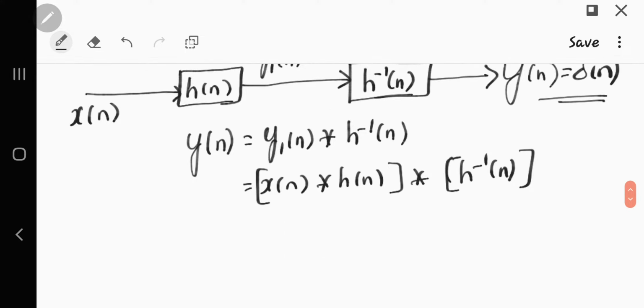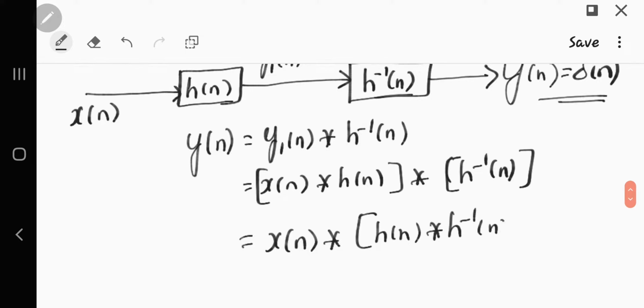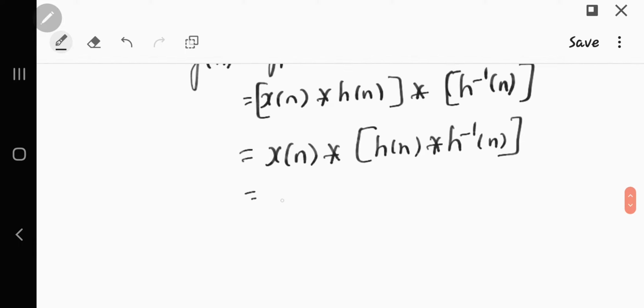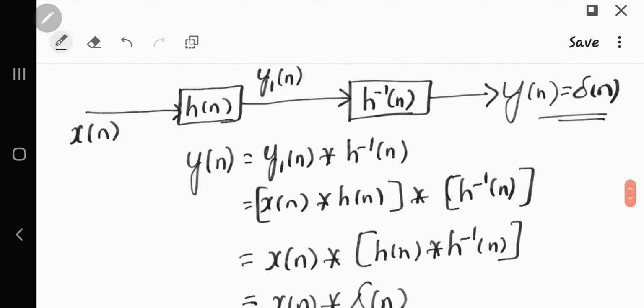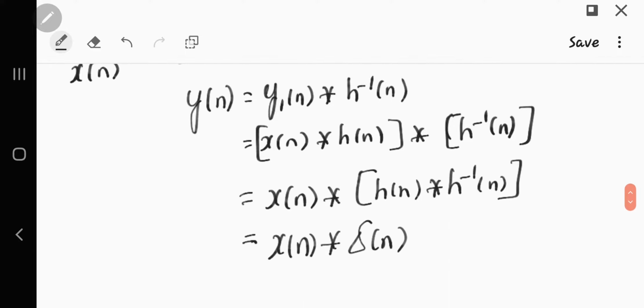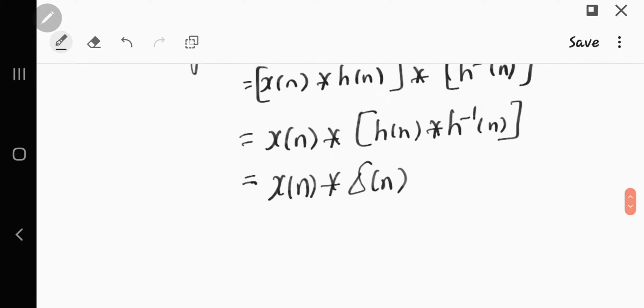As per the associative property, we can write this as x of n convolved with h of n and h inverse of n. Therefore you will get x of n convolved with delta n. Why? Because the property says if it is invertible, then you will get x of n convolved with delta n.